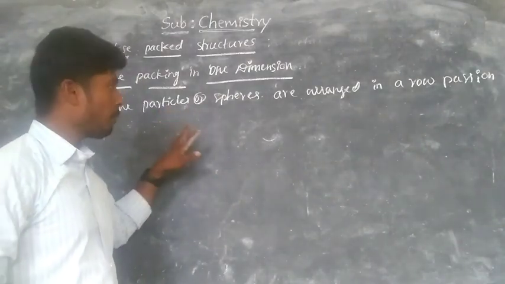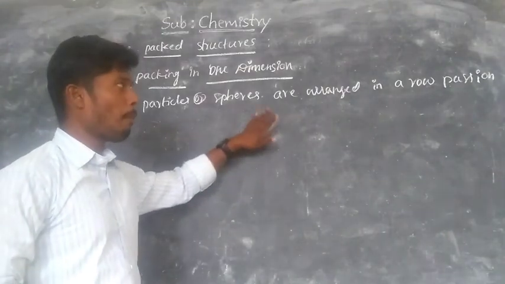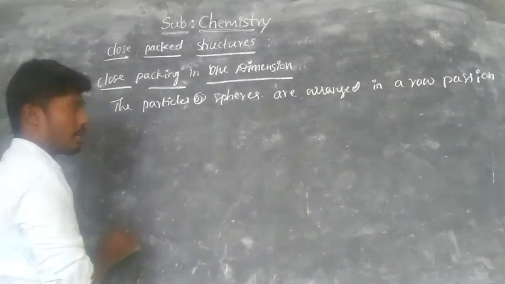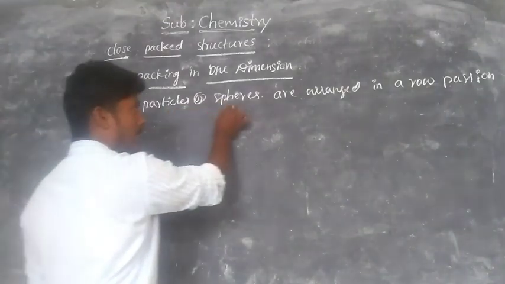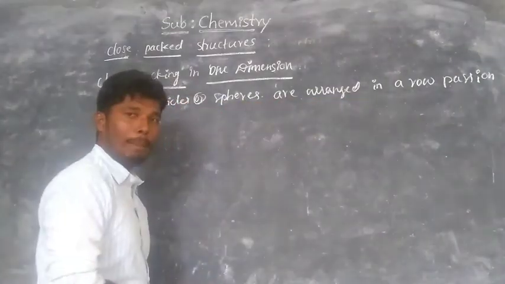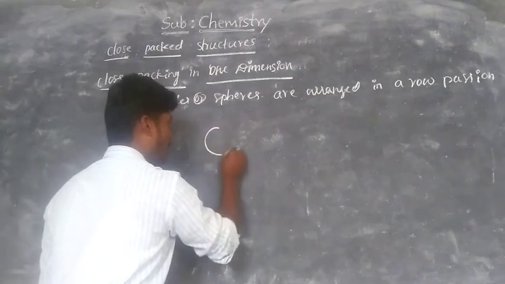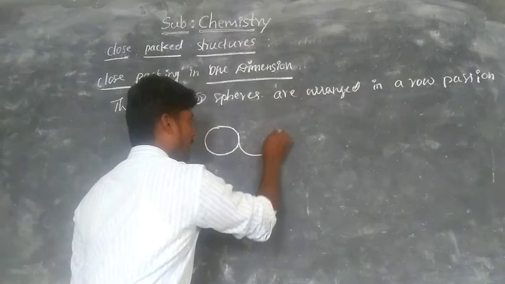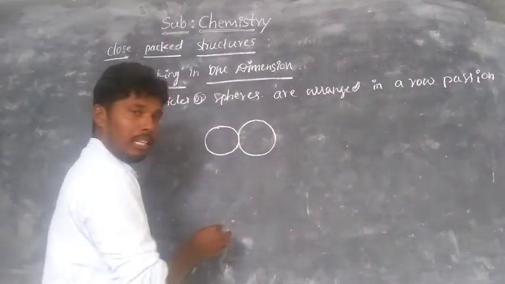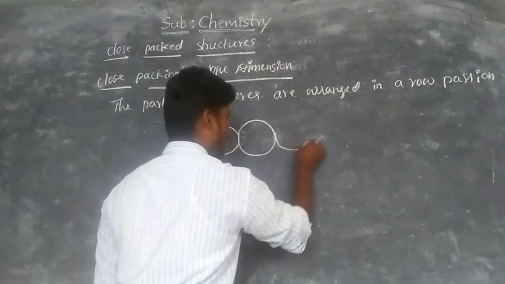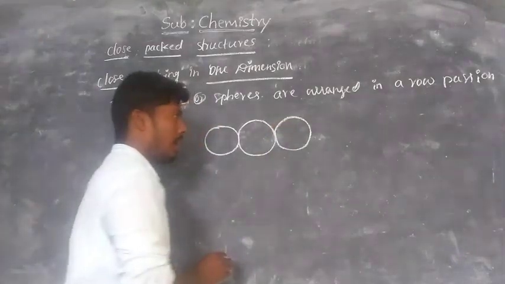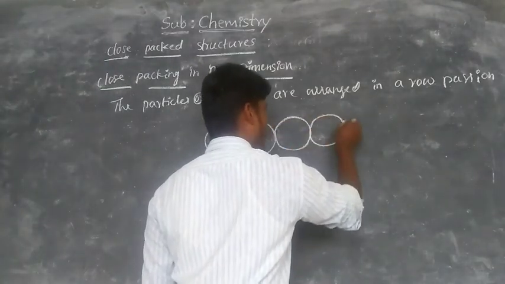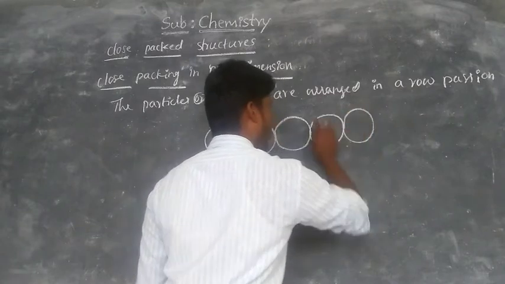Now observe, by drawing the diagram or arrangement of particles, let me show you. In this one-dimensional close packing, the particles as spheres are arranged in a row fashion. Let us assume this is a particle, a sphere shape, which is connected to one more particle, and this particle is also connected to a third particle, and like that they are connected to each other and form a row shape.